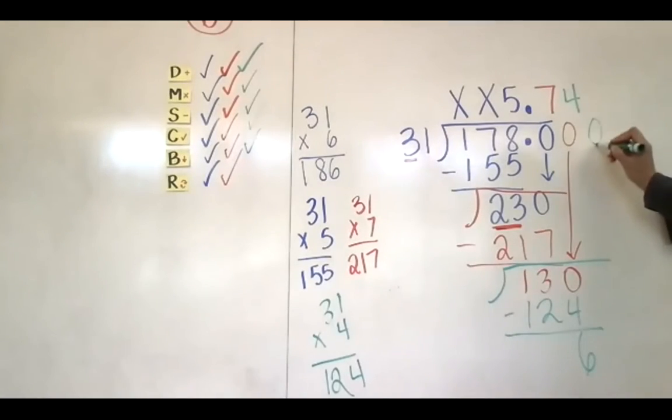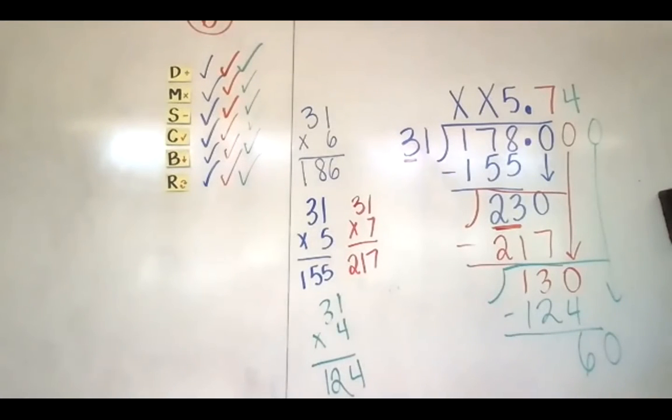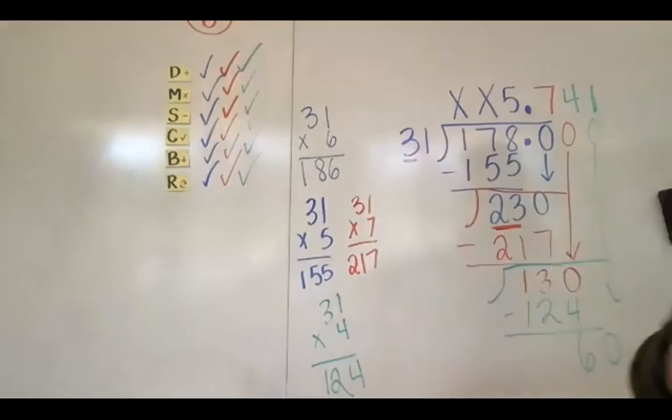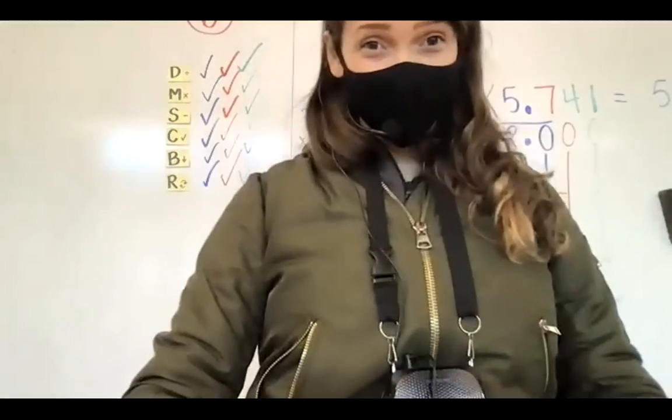We would get a 0. Annex another 0. 60. And it's going to have to go in how many times? Once, because times 2 would be 62. So guess what? We have enough digits here to round our number. What should we round it to? 5 and 74 hundredths. All right. That was a long one, huh?